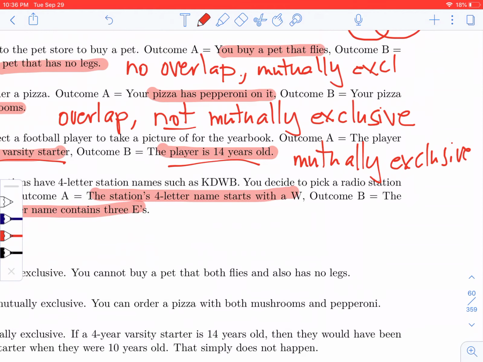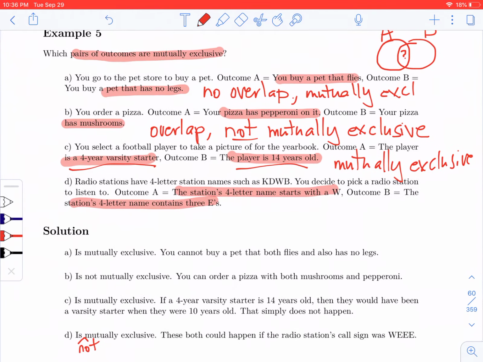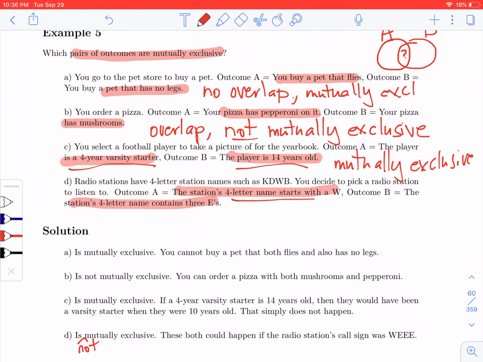And finally, if we're going to look at radio stations, again, we've talked about this before. We have KDWB. So the first letter, we're going to say, starts with a W. That's event A. We have 3 letters after that. Next one, we have call letters that contain 3 E's. Now, again, the first letter has to be W or K. Could the last letter be 3 E's?